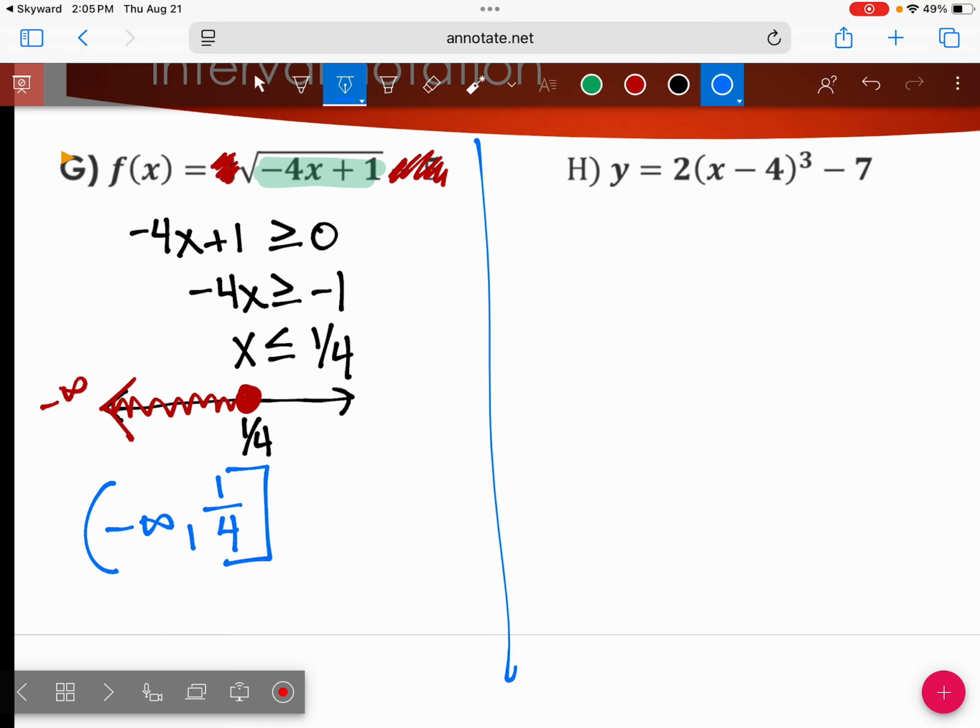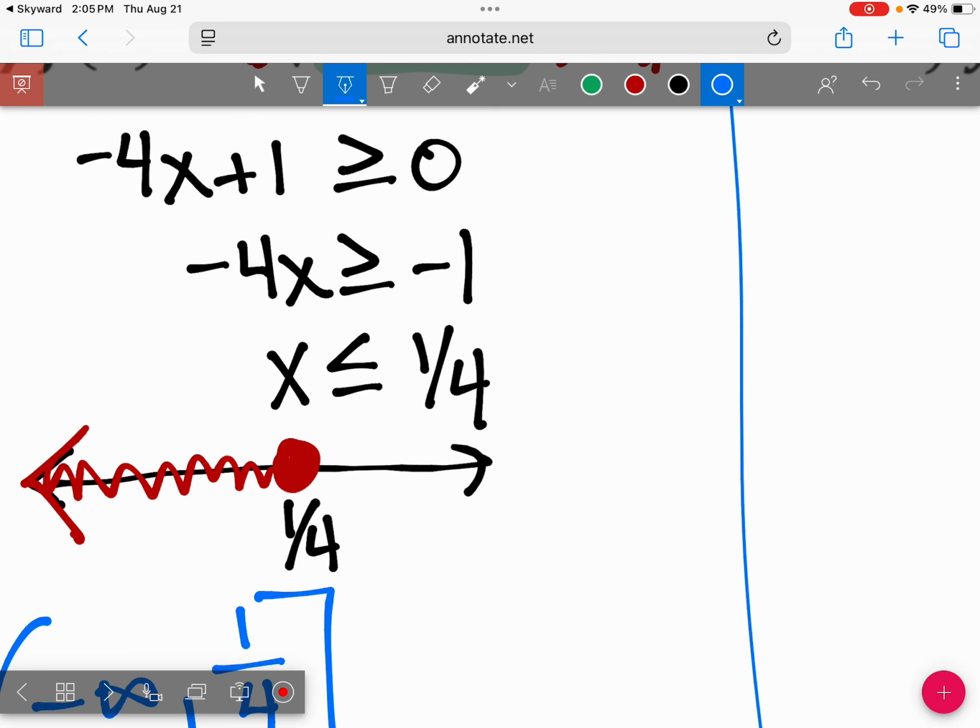All right. Why did it flip? It flipped because we divided both sides right here by a -4. I had to divide both sides by a negative. You only flip it when you have to divide by a negative.